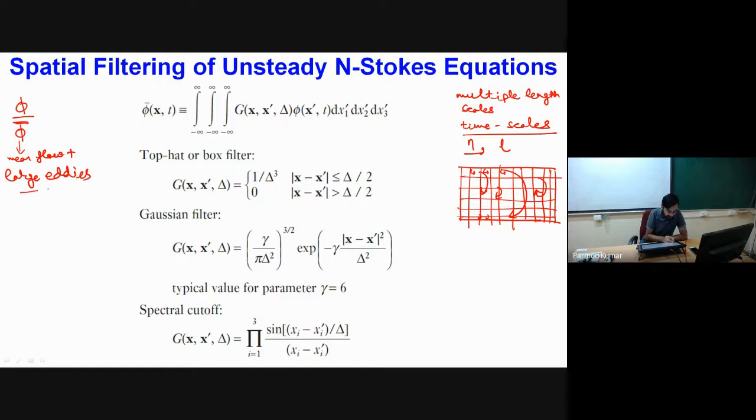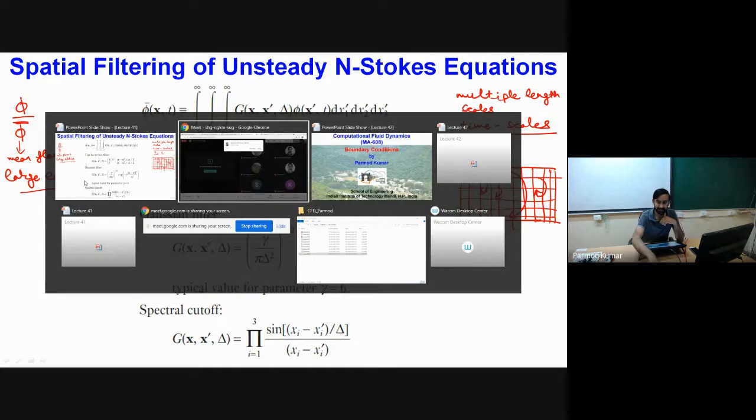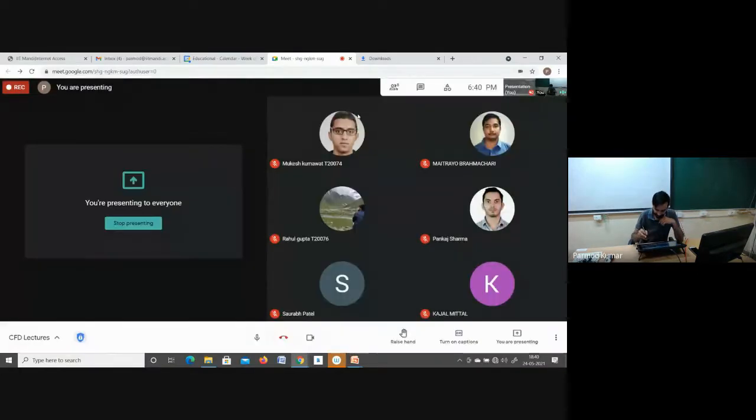So the difference is that in the case of RANS, phi bar represented time averaging when the flow was steady, and it represented ensemble averaging when the flow was unsteady.